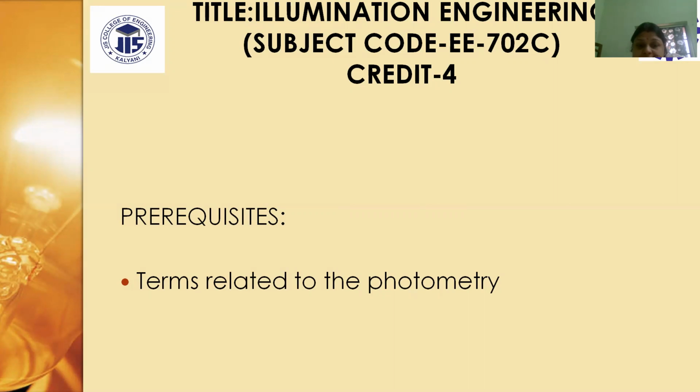In my previous lectures, I have discussed about illumination, its unit, what is luminous flux, luminous intensity, how much lux is required in different purposes, and so on. Photometry means the measurement of light distribution.